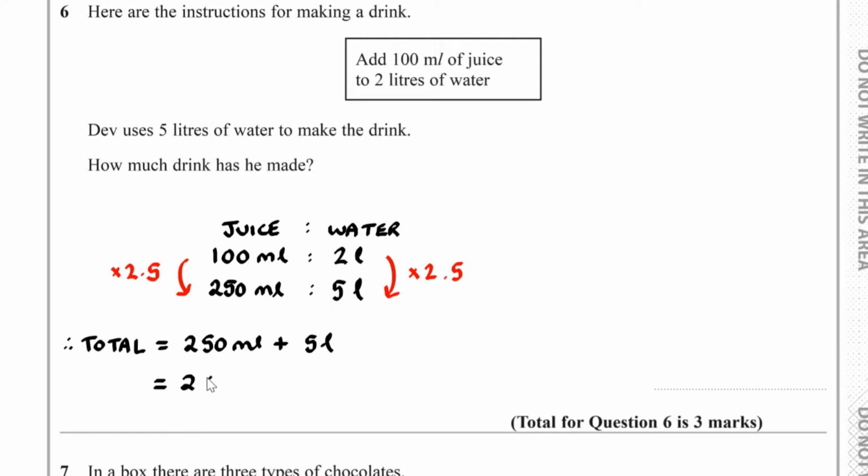So we've got 250 milliliters plus 5,000 milliliters, which is equal to 5,250 milliliters. We could have 5.25 liters also.